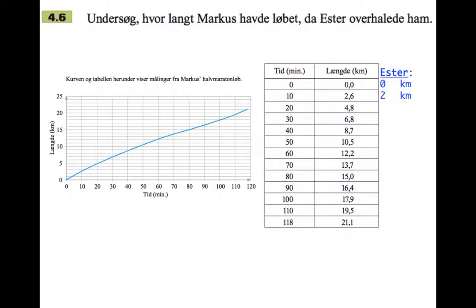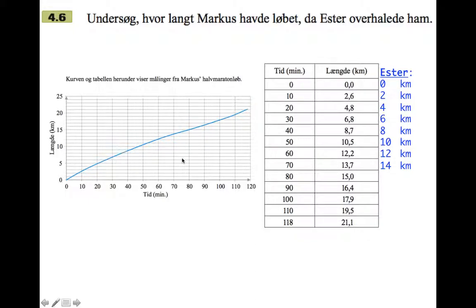At 10 minutes, you know it's 2 kilometers because she's doing every kilometer in exactly 5 minutes. And then you can do Esther's progress in kilometers and compare it to Marcus's. And then you can see that it reaches a point somewhere between 12 and 14 kilometers where Esther has run more than Marcus.